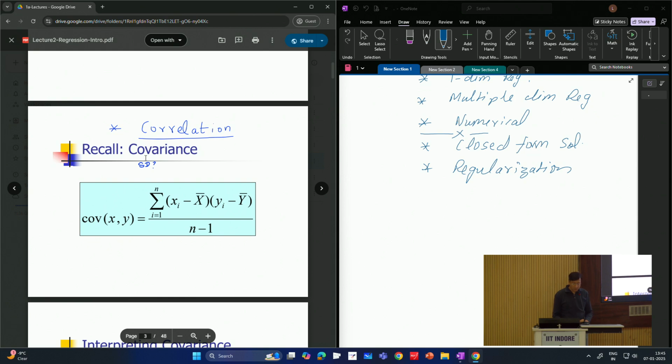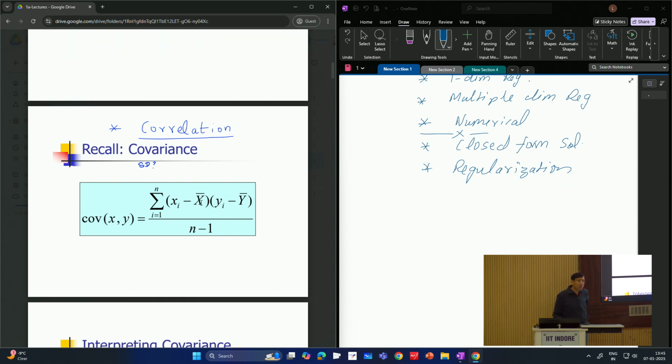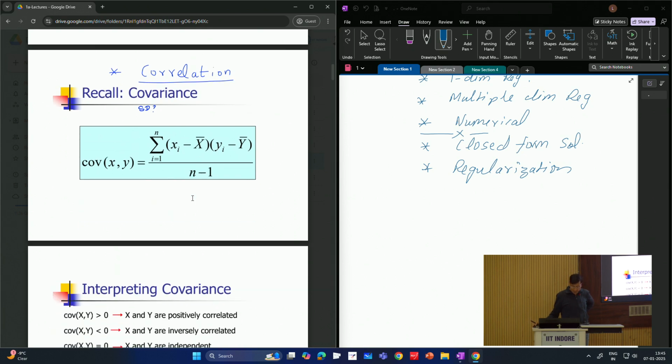You take the first variable, each component of it, subtract its mean, take the second variable's component, subtract its mean, multiply and add them up, and normalize. Now this normalization in the denominator varies from book to book. You can do it by n or by n minus 1. The one I am following is n minus 1, so I'm sticking to this. You can also do it with n, it doesn't matter. So this is what is called covariance.